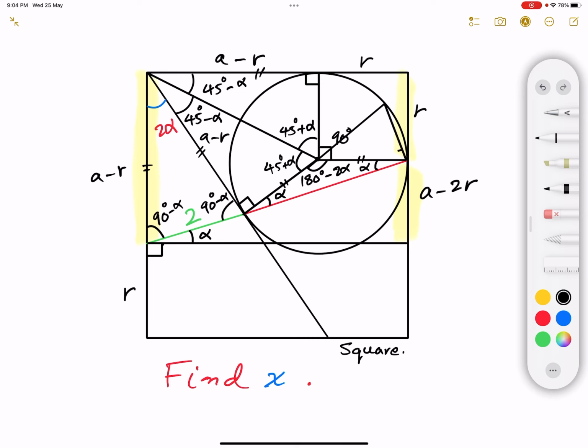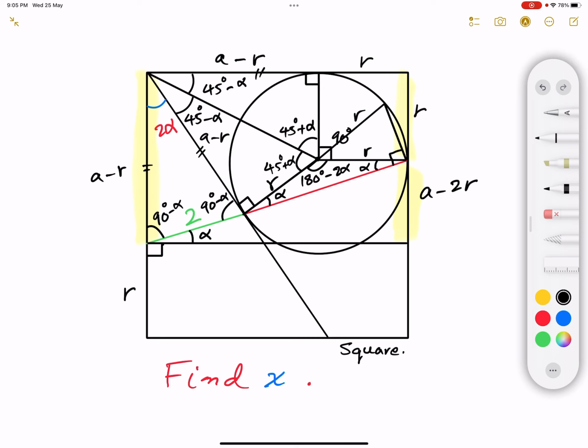Now we have an angle which is 90 degrees actually, because it faces the diameter of the circle. Each one of those is basically equal to R. So this is R, and this is R, and this is going to be R as well.